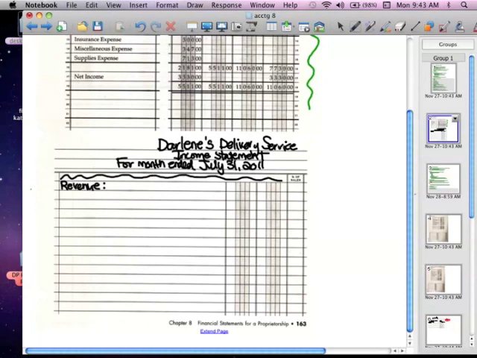Revenue is a section heading, and any accounts underneath that section heading need to be indented a little bit. Remember, the only revenue account is what? Sales, right? So you're going to write sales indented.